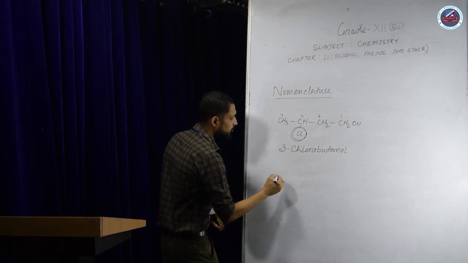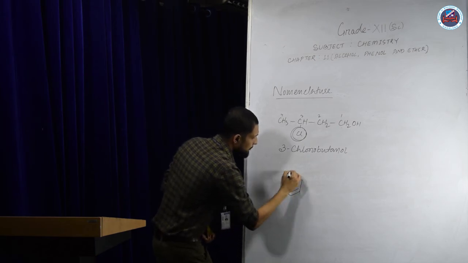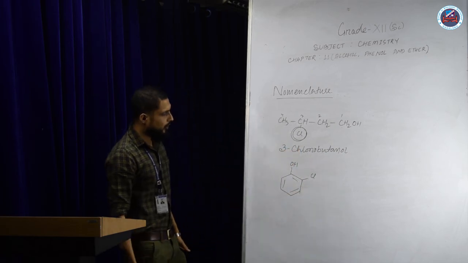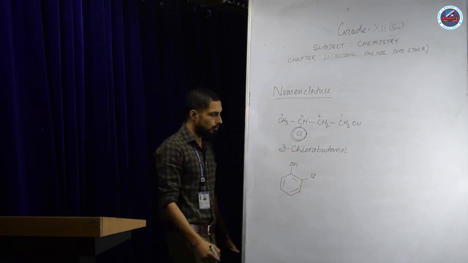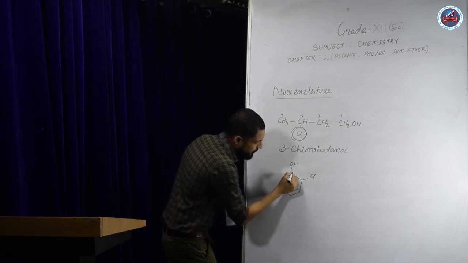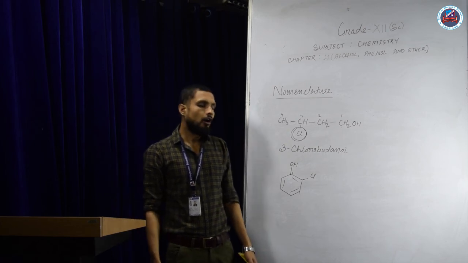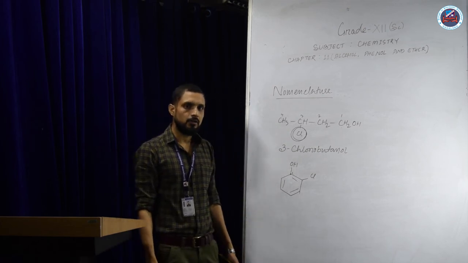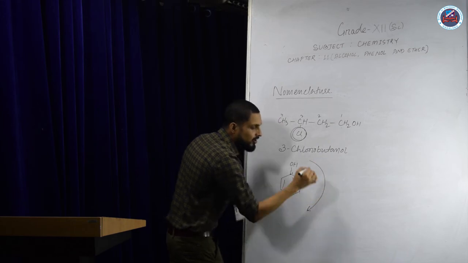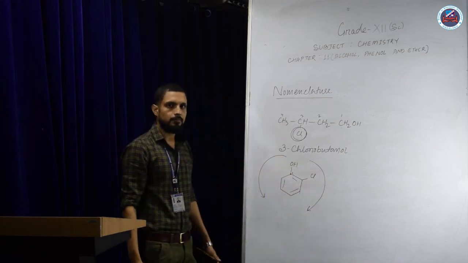Let us take the next example. Now, this is an example of a cyclic alcohol. The OH group is present at this carbon, so this carbon will be carbon 1. Now, we know in case of a cyclic hydrocarbon, the counting is done either in clockwise direction or anti-clockwise direction.